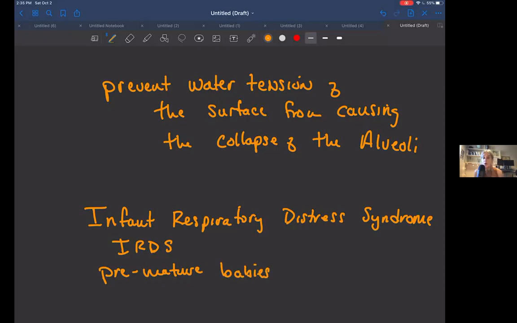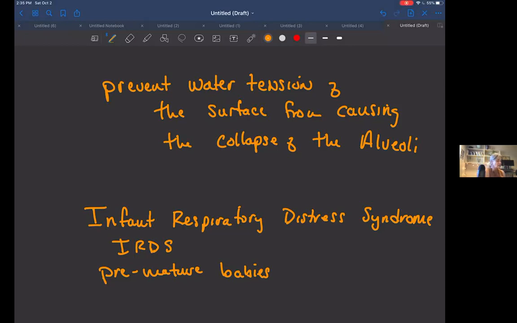If their alveoli are collapsed, one way you can get them to open up is to put them on a ventilator. Positive pressure ventilation, forcing air into the lungs, will open them up. And then in the air that you're putting in, you add synthetic surfactant.